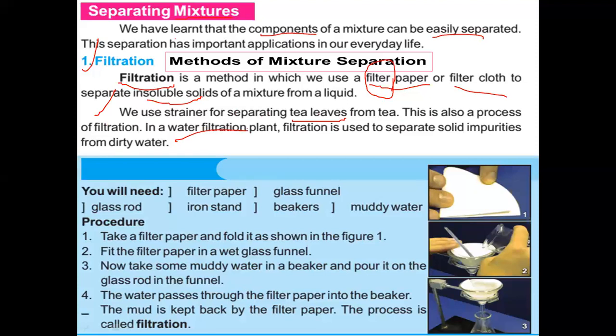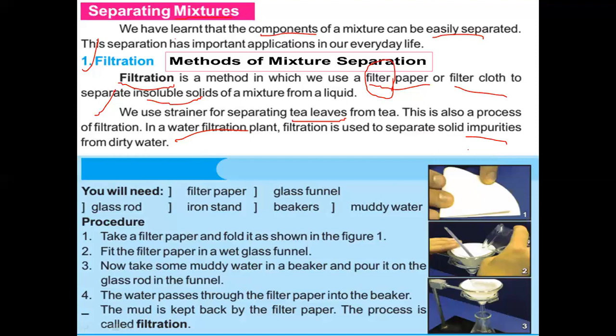We have another example: water filtration plants are used in our daily lives, by which we can separate solid impurities. Impurities means what makes the water impure and dirty. Like the water coolers in our kitchens, which have filters attached to clean the water.